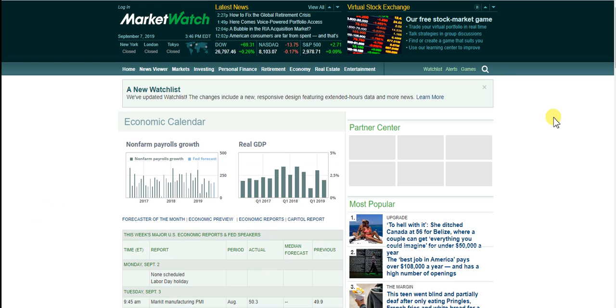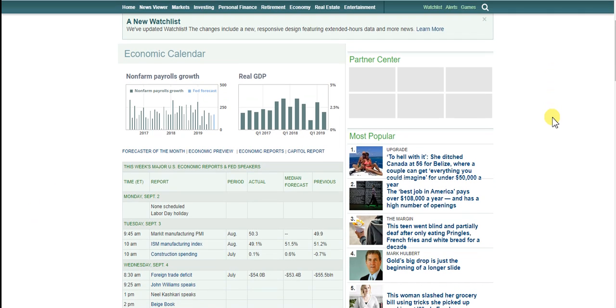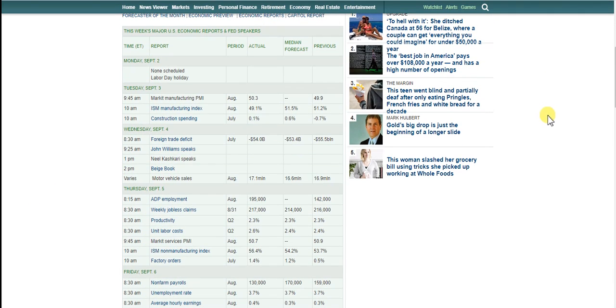But there were also some other things that helped to bring the dollar down. Manufacturing data had come down a little bit from what was forecast, and construction spending also came down considerably from what was forecast, but not considerably from the previous month.